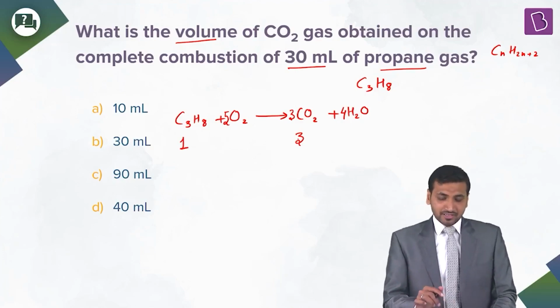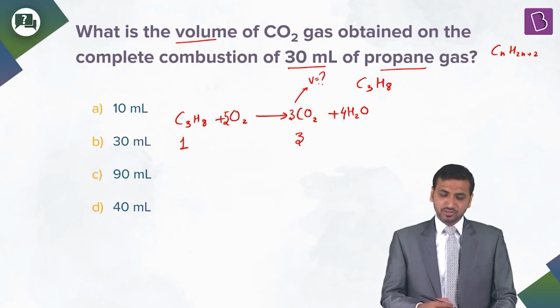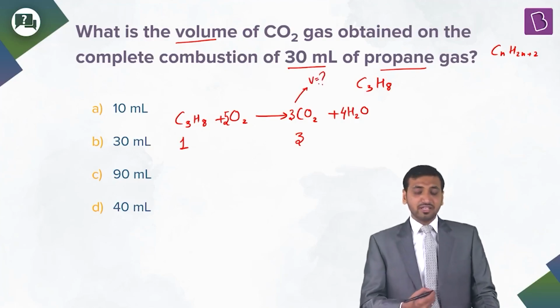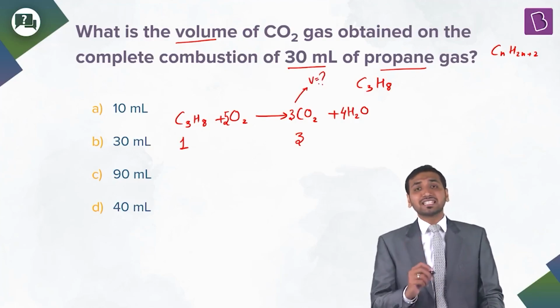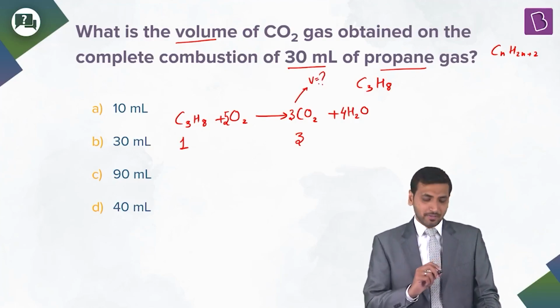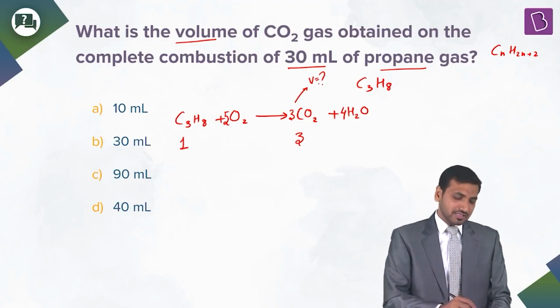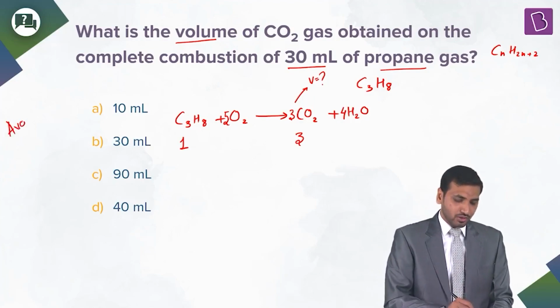See, they are asking us the volume of CO2. We need to find the volume of CO2 that has been produced when we are doing the combustion for 30 ml of propane, right? So if you remember the Avogadro's law, what does the Avogadro's law state?